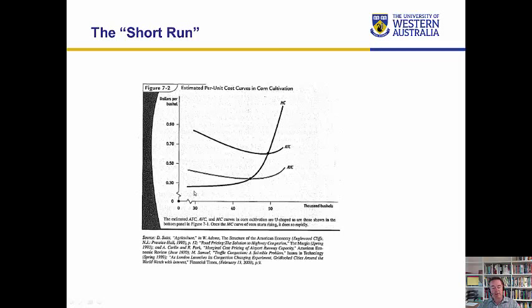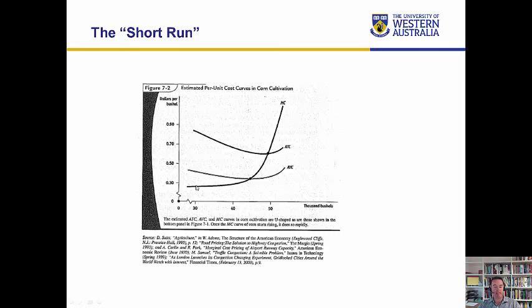What you can see is that, because of the constraints of the fixed amount of capital and land, which we'll assume is fixed because this is a short-run analysis, as the farmer tries to produce more and more, the marginal production costs do begin to rise. And interestingly, it's not a smooth rise.